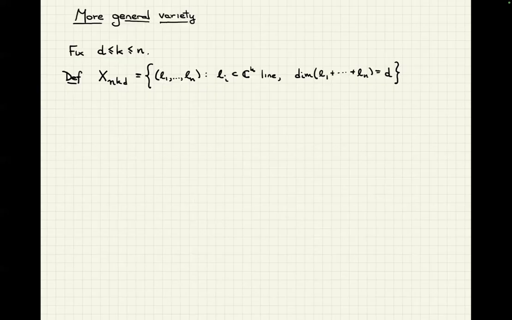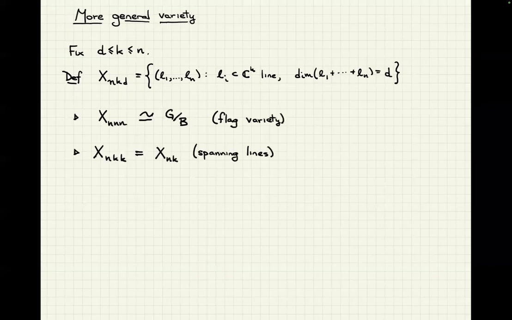And finally, in the last minute or so, let's talk about maybe an even more general variety. So if d is at most k is at most n, now we're going to think about this new variety of n lines in C^k where they don't necessarily span C^k, but they span a subspace of this fixed dimension d. We call this variety X_{n,k,d}.